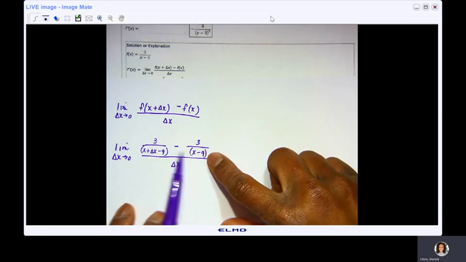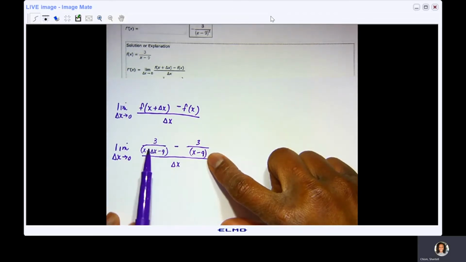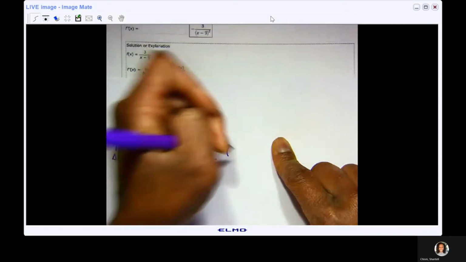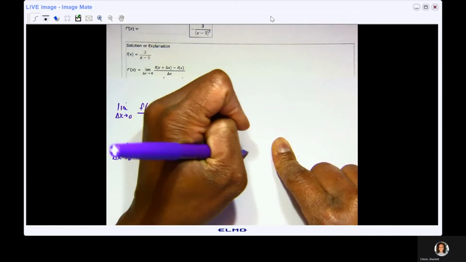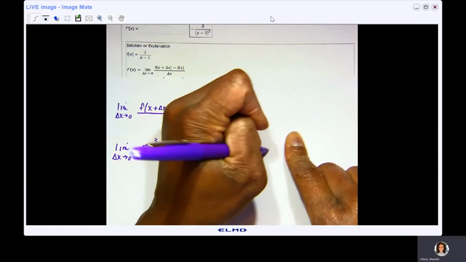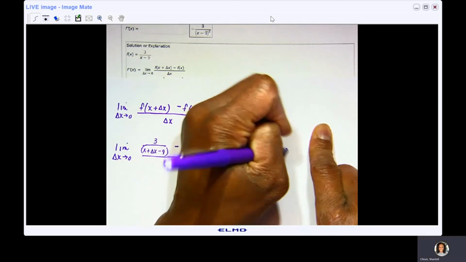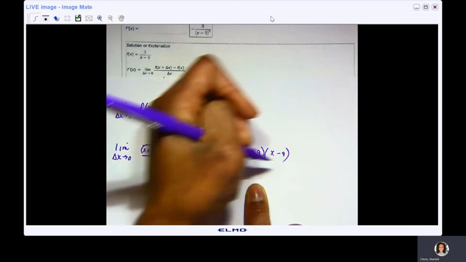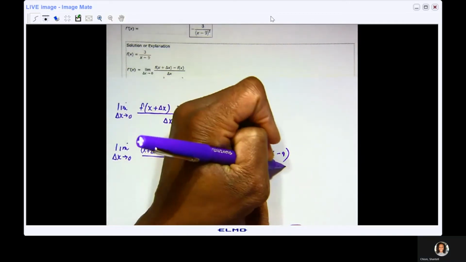So you've only got these two denominators, and unfortunately they're not the same. So the LCM on the top side is minus 9. I'm going to multiply the bottom by this. So top and bottom.